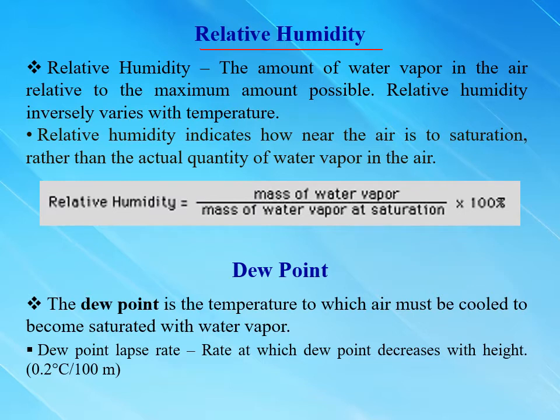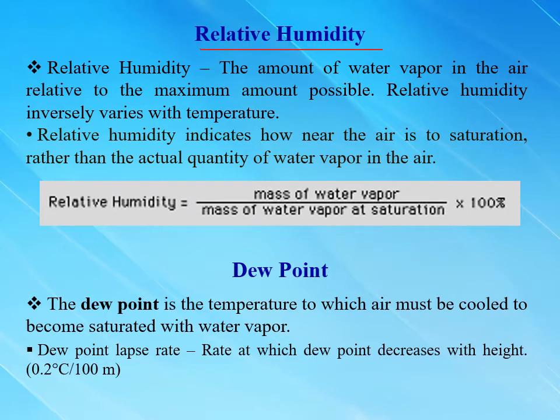What it basically is, is that within a given volume of air or atmosphere at any given temperature, the mass of water vapor that atmosphere originally has with it and the mass of water vapor that particular atmosphere can hold when it is saturated, their ratio, when expressed in percentage, is called relative humidity.